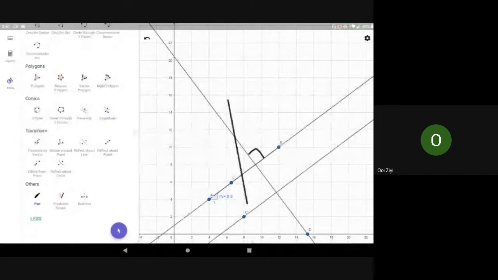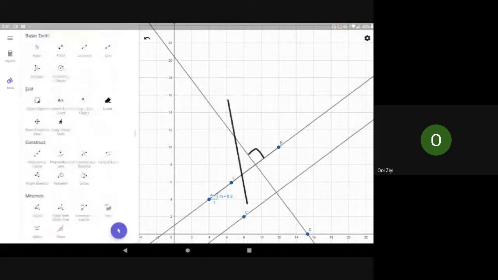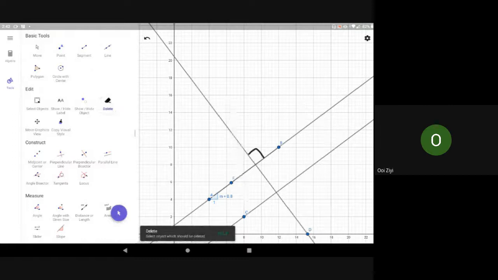So how do we know whether two lines are perpendicular or parallel? First we will check the gradient.